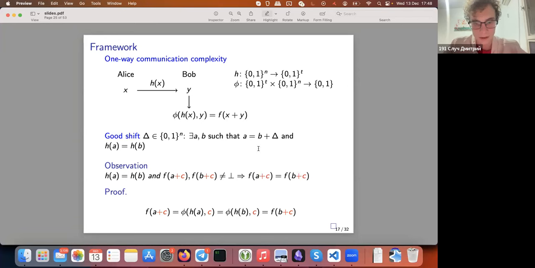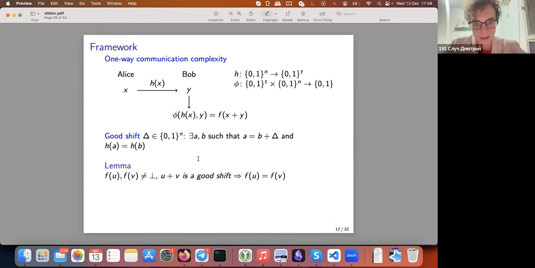And we know that, in that case, we call a plus b a good shift. And we can reformulate the previous lemma: if the 2 points u and v are such that u plus v is a good shift, then f on these points is equal.